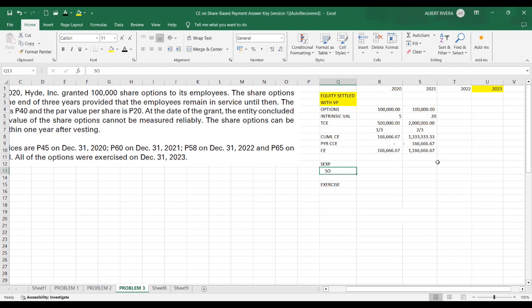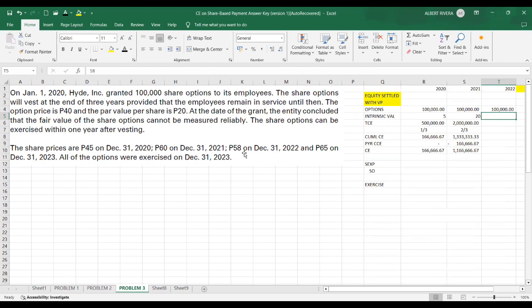Then we have 2022. So this is now your options, 100,000 times the intrinsic value, but this time, this is now 58 minus the option price of 40. So this is 58 minus 40 is 18, no? So this is now the total compensation expense for 2022, 1.8 million times the cumulative number of periods served.